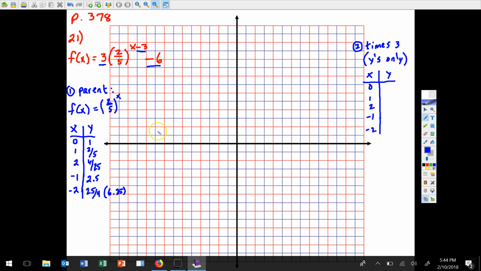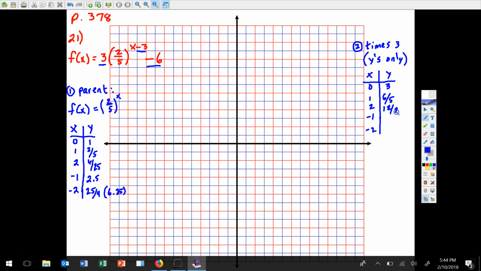And now I'm going to multiply 3 times each of these y's. So 1 times 3 is 3. 2/5 times 3 is 6/5, which is 1 1/5, but we'll just leave it as 6/5 for now. 4/25 times 3 is 12/25.